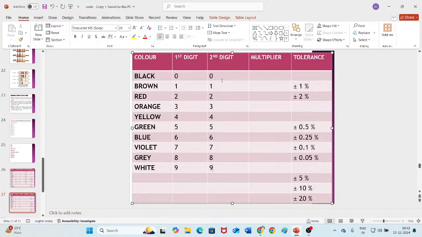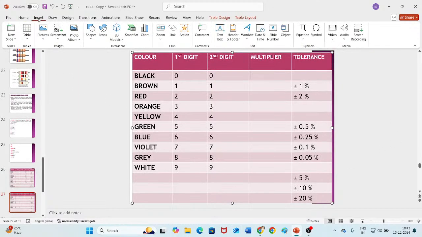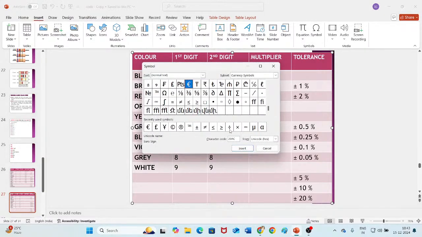So digit 1 and digit 2 values we have written in a sequence. Now the third one is what? It is the multiplier. So the third digit is multiplier. So what I need is I want to insert some symbol, a multiplication symbol.